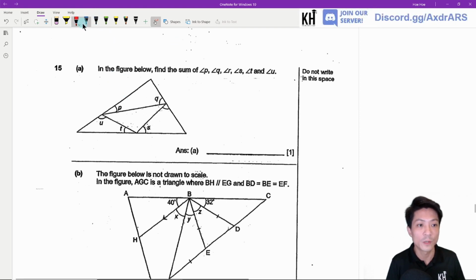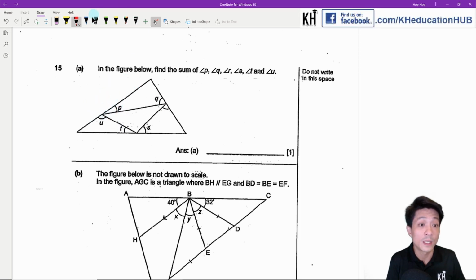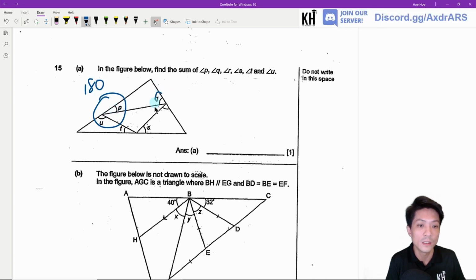Okay, let's move on to question 15, part A. In the figure below, find the sum of PQ, RS, T, and U. The first thing you need to realize is that these three angles add up to 180.